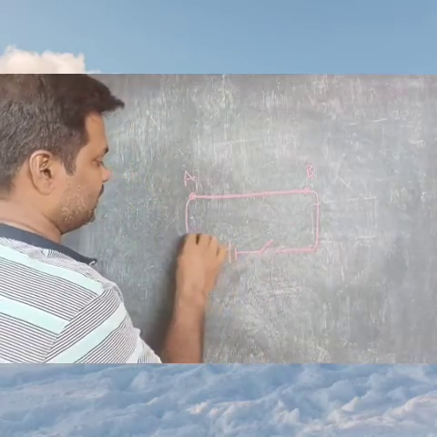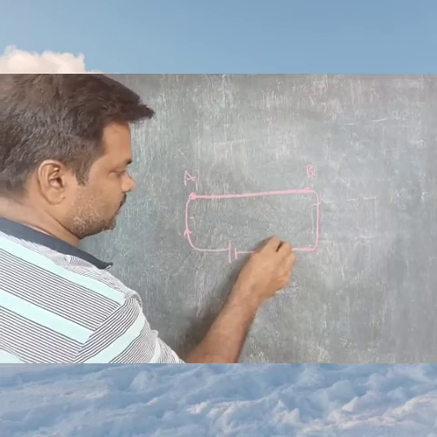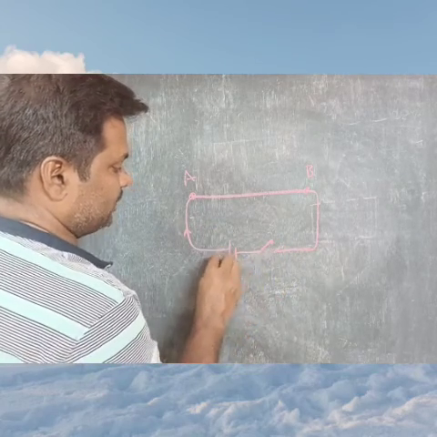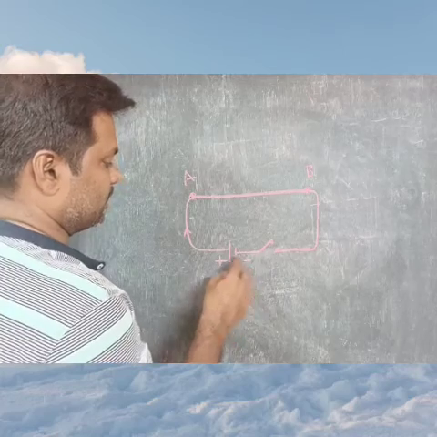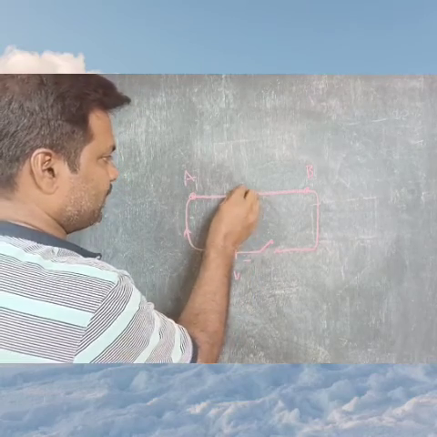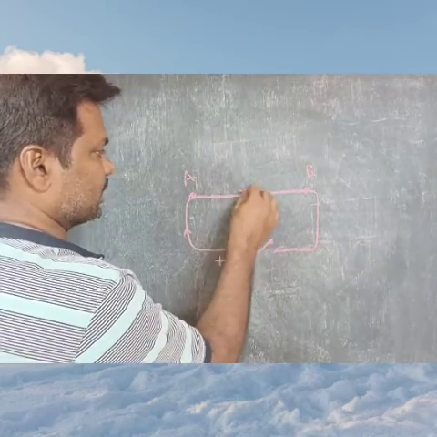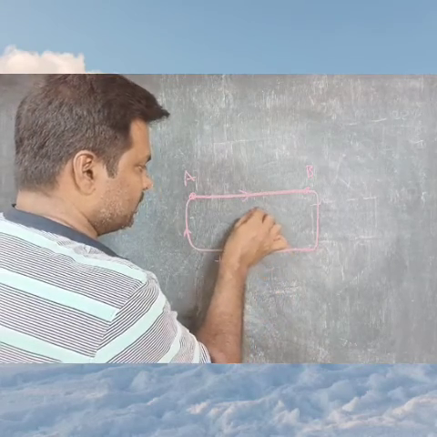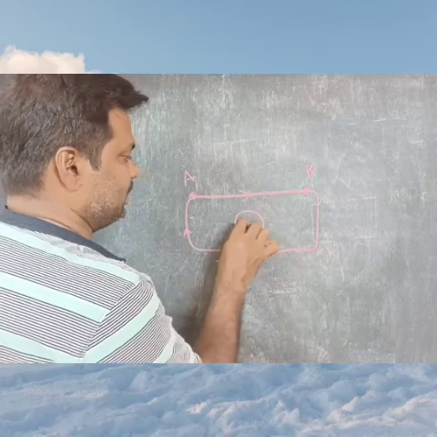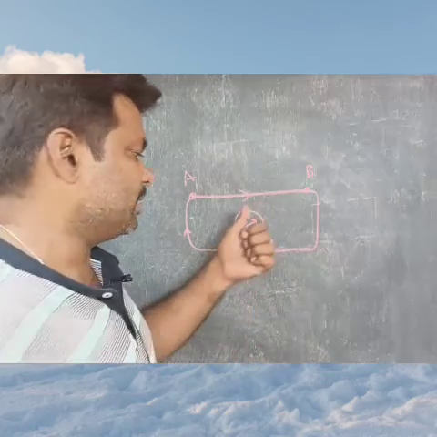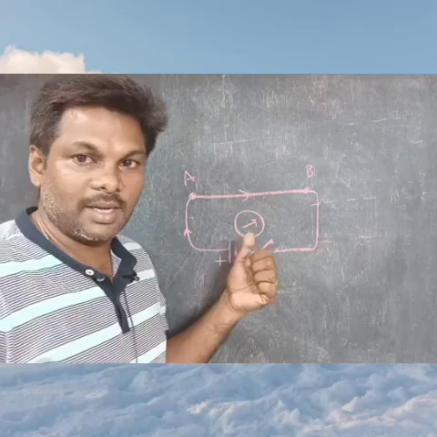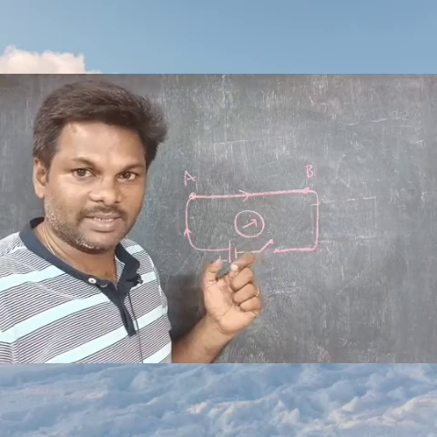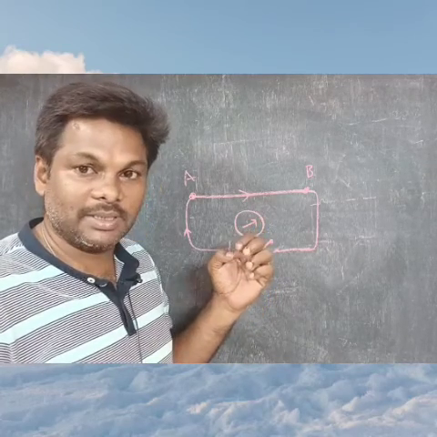If you send electric current by closing this switch through the battery, which has positive and negative terminals, then when current passes through this, it behaves like a magnet. How can we identify it? If you place a compass box beneath the wire, that is, under the wire, this compass box deflects.